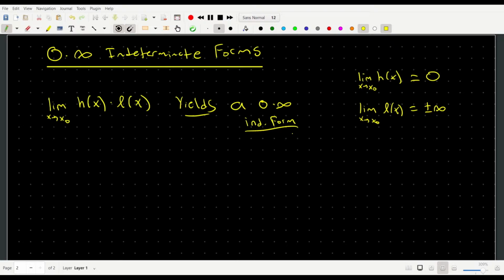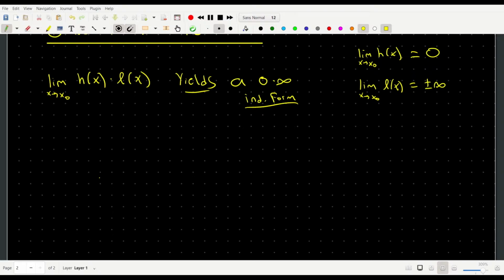And vice versa, this limit could be positive or negative infinity if L of x diverges faster than the h of x function, in other words, if it goes to infinity faster than the h of x function goes to 0. In any case, it's not correct to say that this equals 0 times infinity, because 0 times infinity doesn't have mathematical meaning. The way in which we can deal with this is the following.